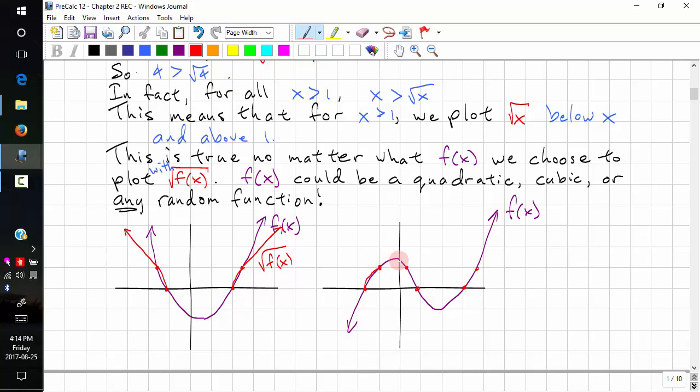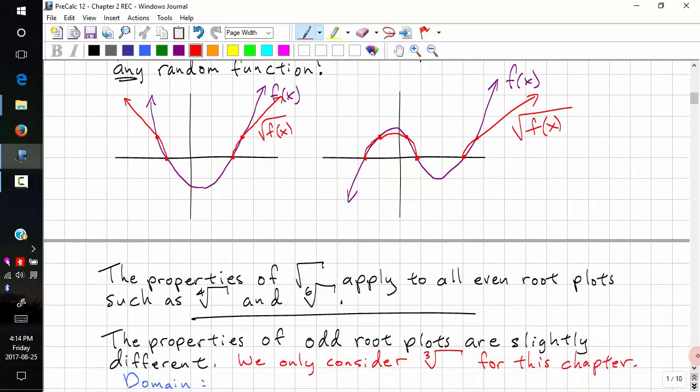Now we're above 1 for f of x, so we plot below it, but above 1. And we continue. And again, we're plotting the square root of f of x. So these rules apply for the 4th root, the 6th root, all the even roots. We're not practicing on any of these questions, but they still apply.